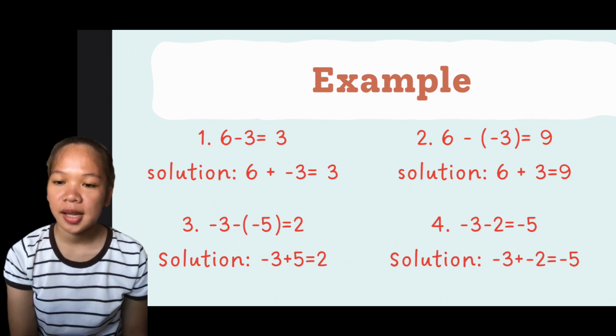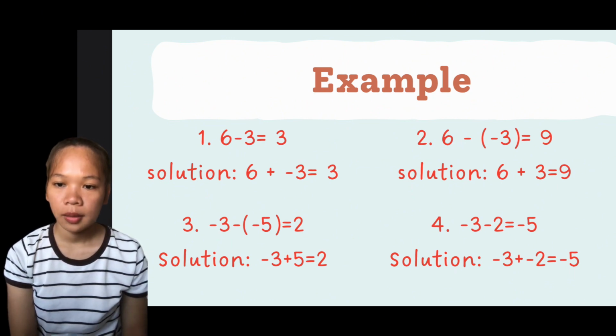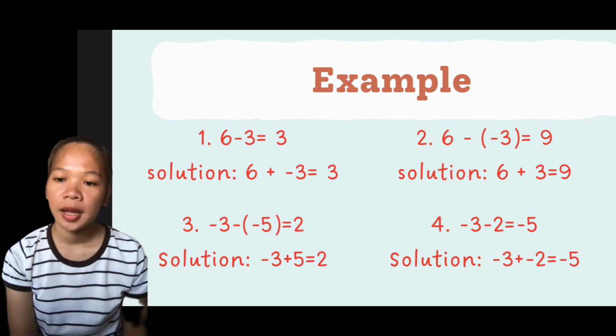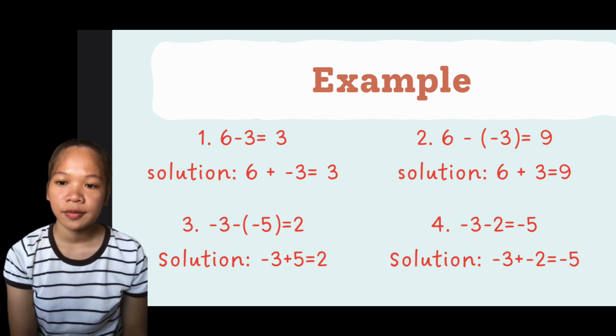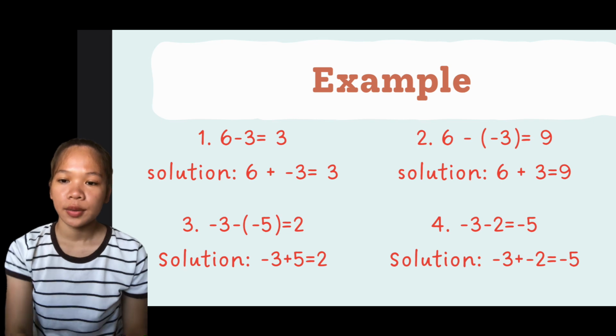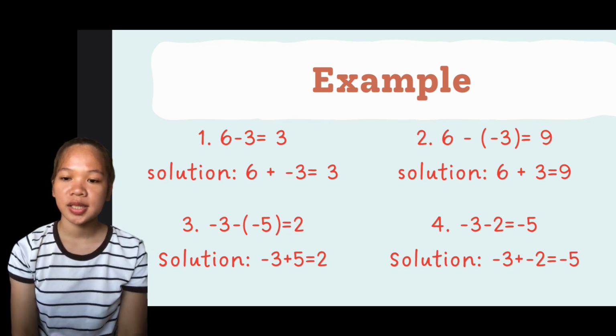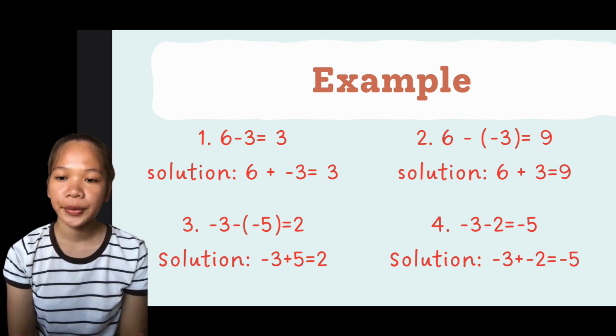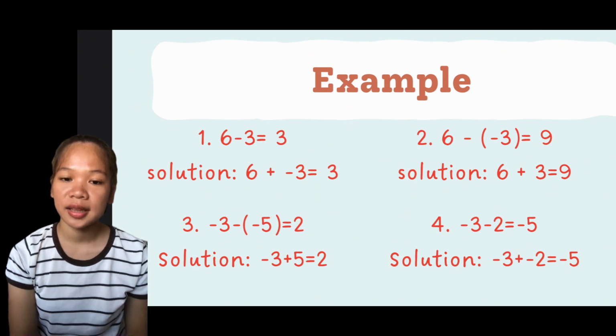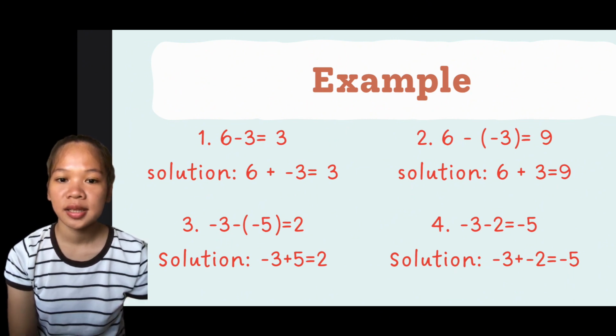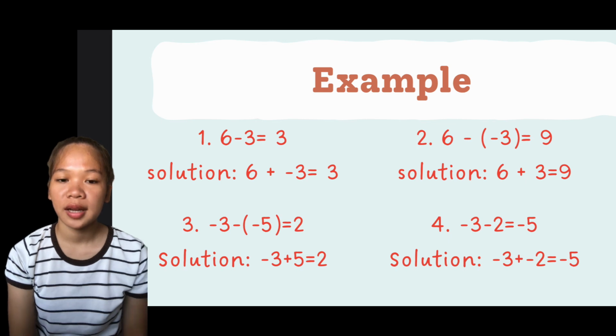And then in number 3, as makikita mo rin, meron tayong negative 3 minus negative 5 equals 2. So, nandyan yung solution niya sa baba, no? So, yung negative 3, hindi na natin yan i-replace dahil yun yung nakalagay sa rule.